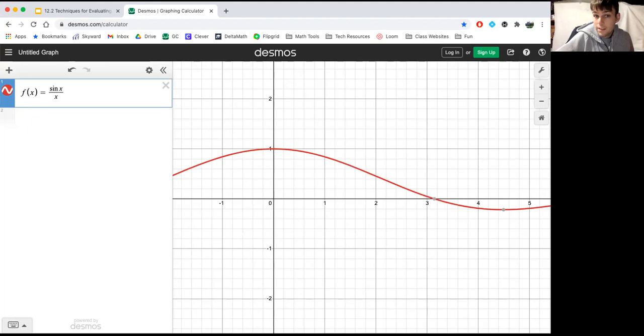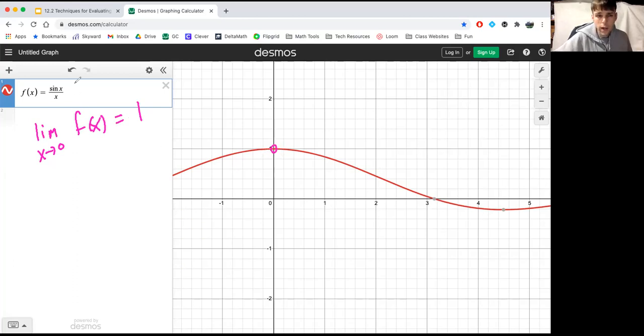So since, as we look at it happening from both sides, from the left and from the right, we're approaching the same value, we say that this limit would be 1. So the limit as x approaches 0 of this function f of x is 1. Even though it is undefined, we have a hole there. As we look on both sides, it is 1 right there.